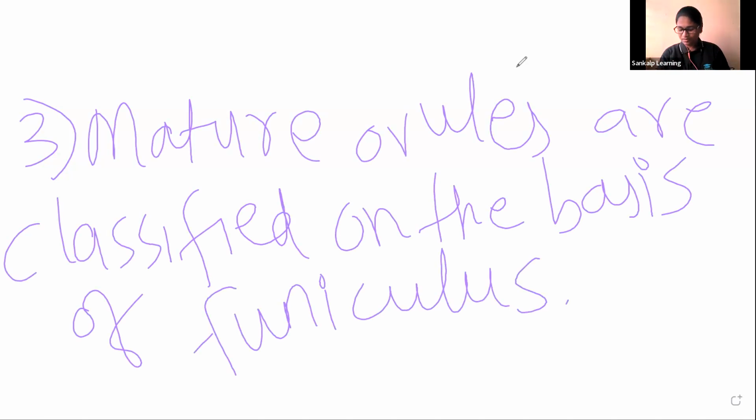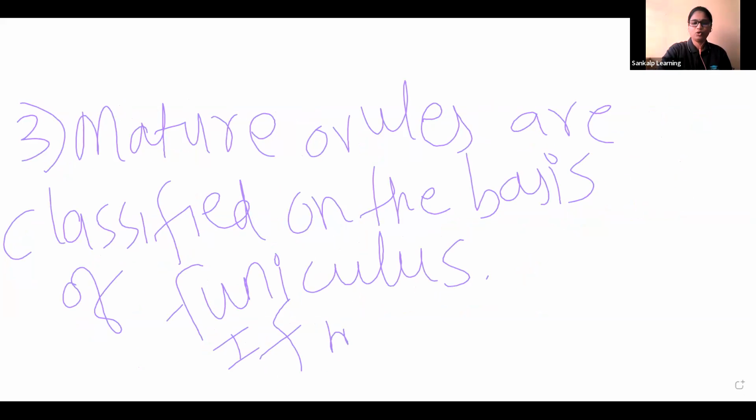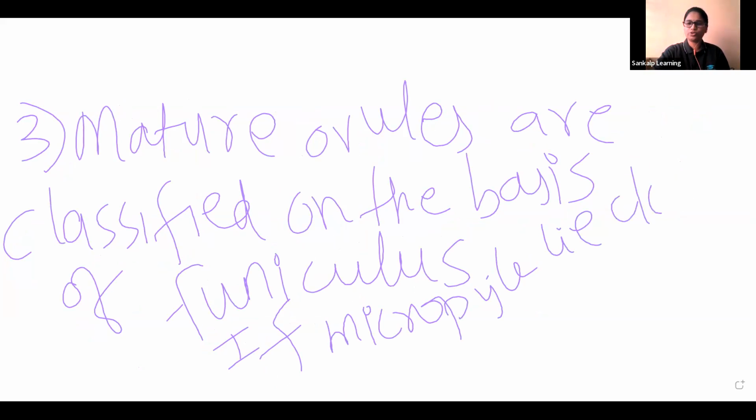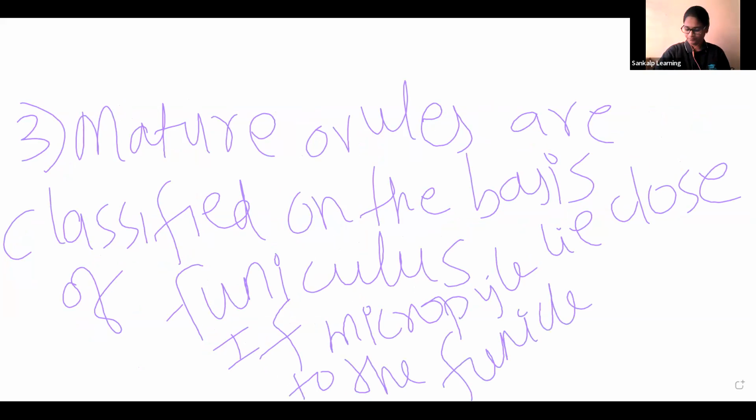Next, if the micropyle lies close to the funicle, the ovule is termed as.